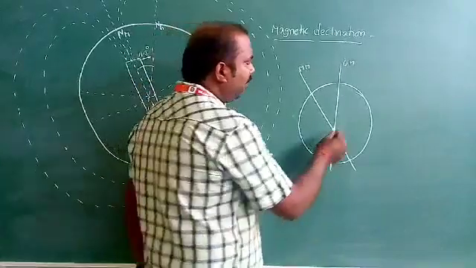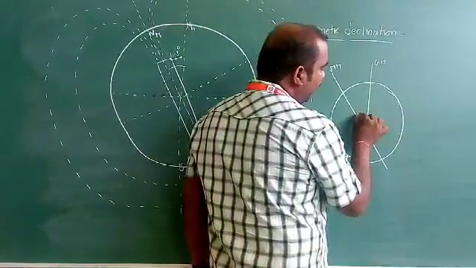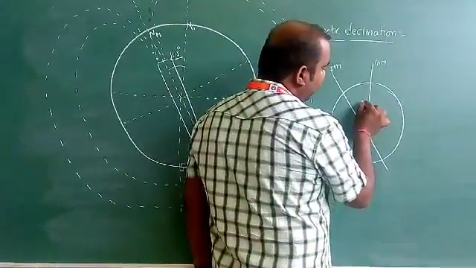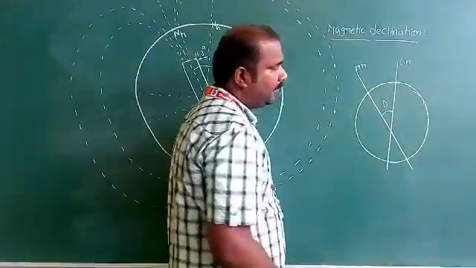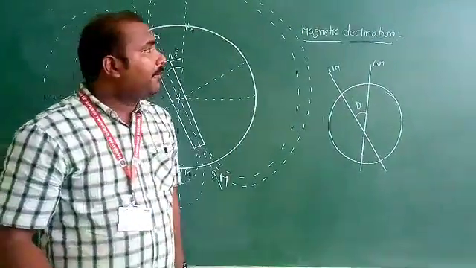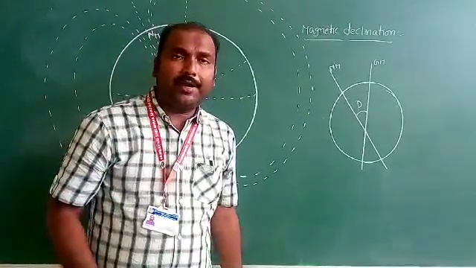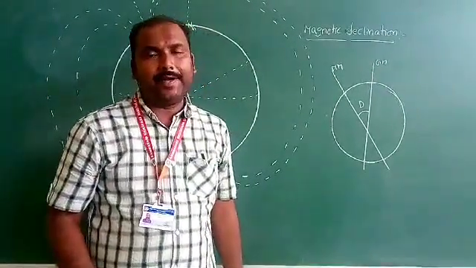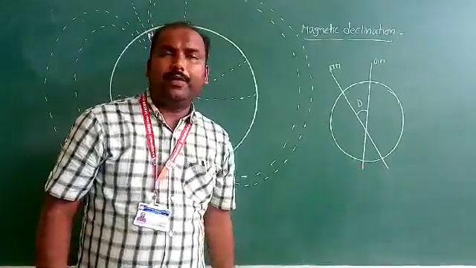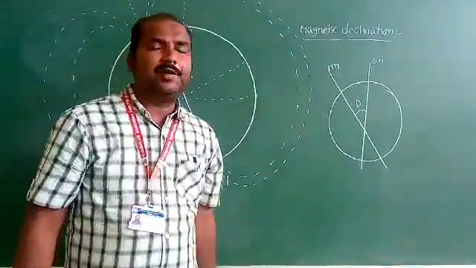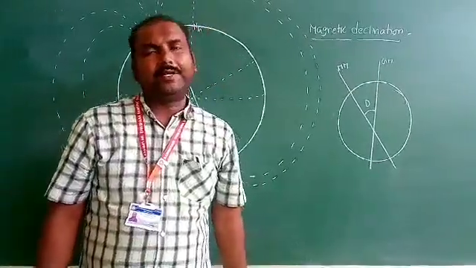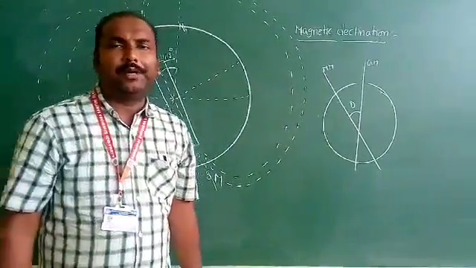The angle between the geographic meridian and the magnetic meridian, that angle we call the magnetic declination. It is represented by the symbol D, but its value varies from point to point.